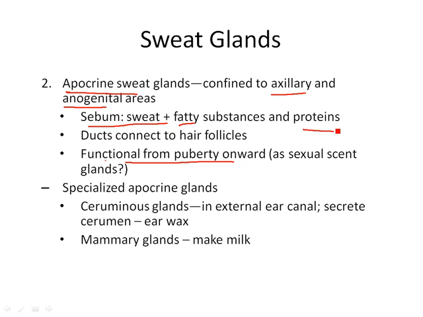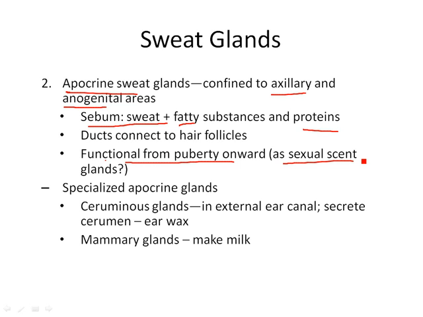Alright, they also may function as some sexual scent glands because, again, they mature about the time we become sexually mature when we reach puberty. In other animals, they do have a role in attracting the opposite sex. In humans, I don't think so. I think we just think it smells bad.